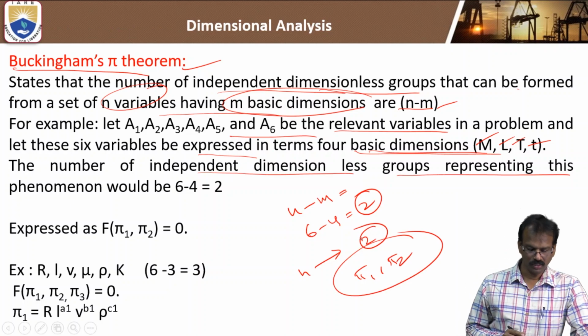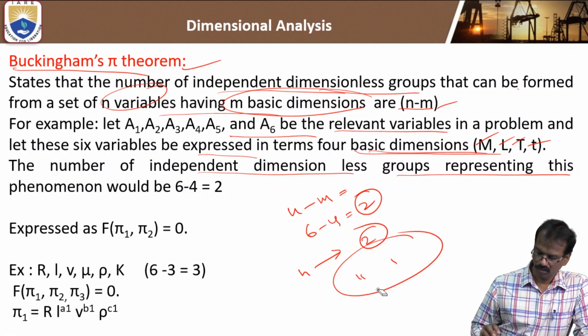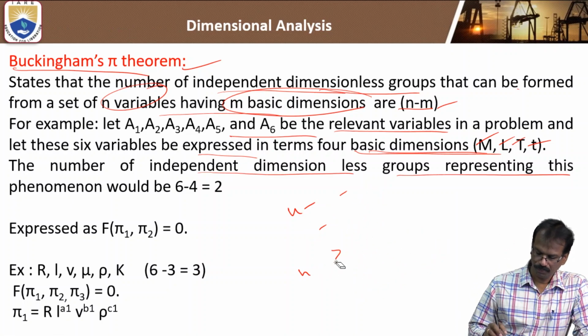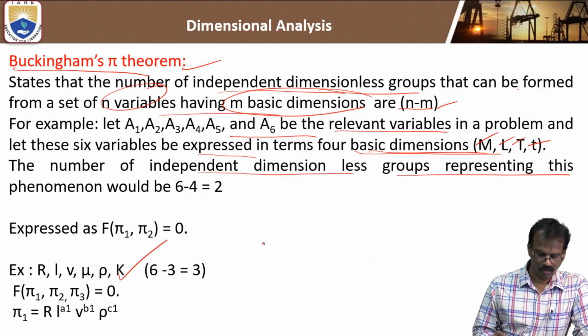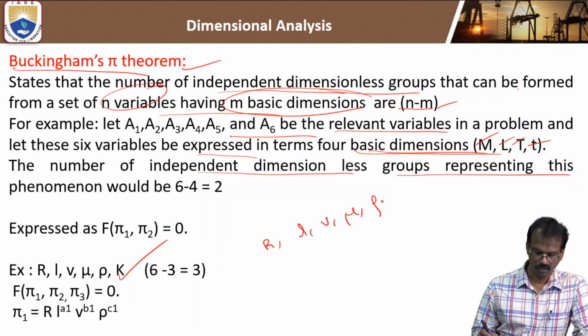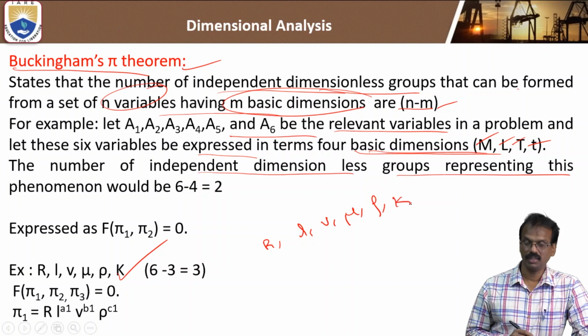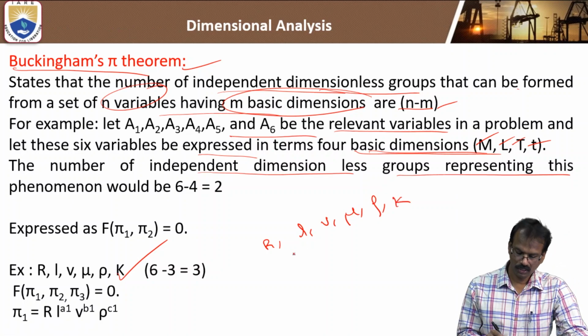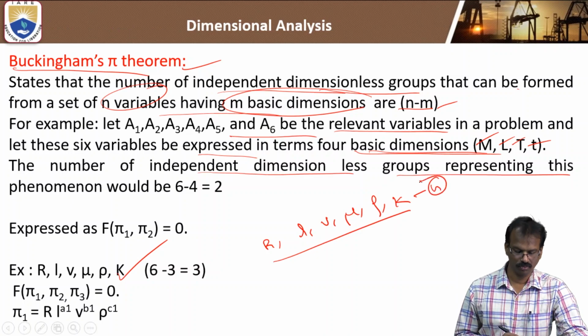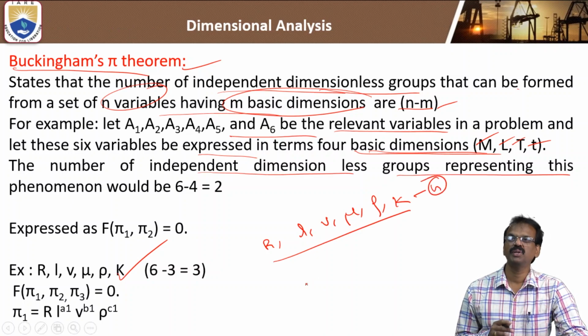We'll see an example here, then you can understand properly. These are the variables given: r and L, the velocity, mu the dynamic viscosity, rho the density, and k the thermal conductivity. So there are 6 variables, n is 6, and you have to identify the basic dimensions.